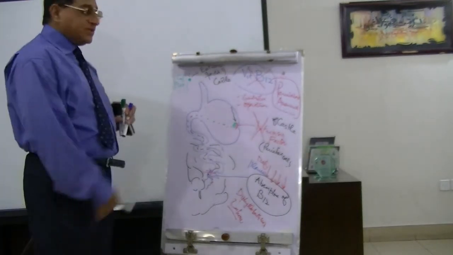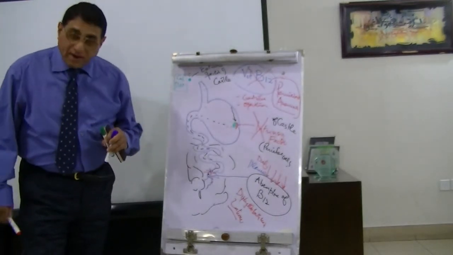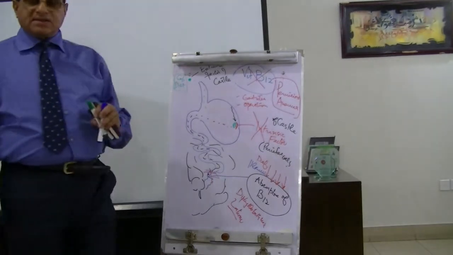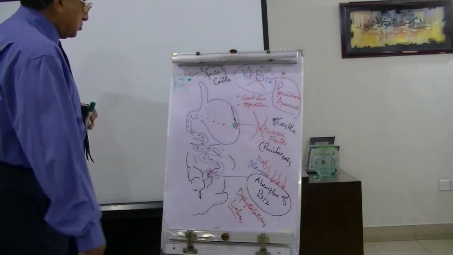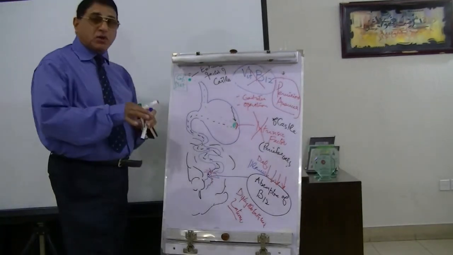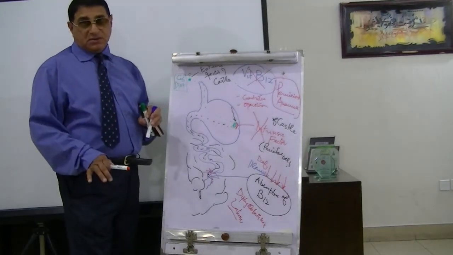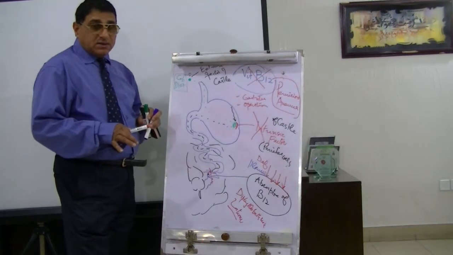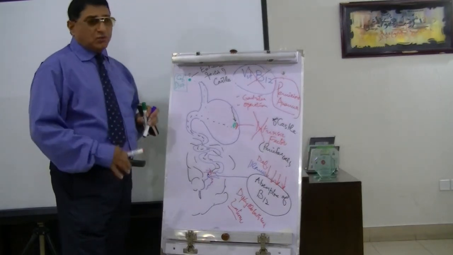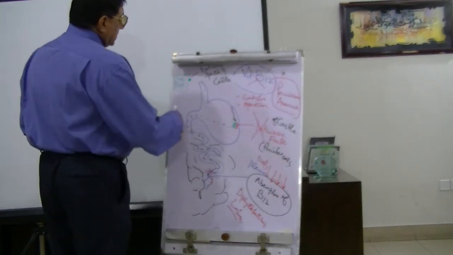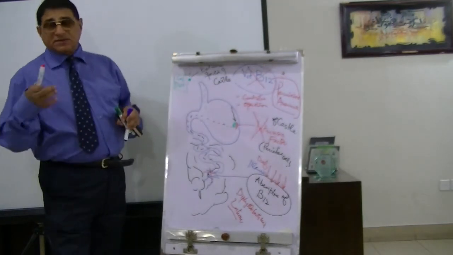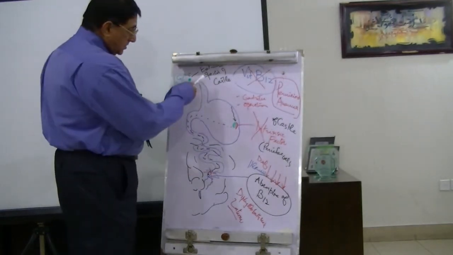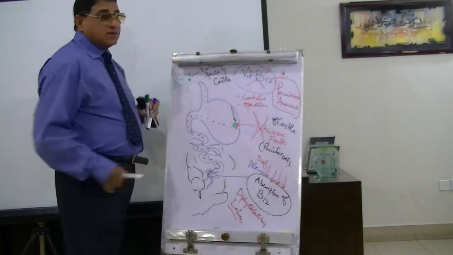Usually B12 deficiency does not occur. Why? Because the liver has abundant stores of B12 sufficient to last for 3 to 4 years. But still, to avoid any confusion, to avoid any cover-up, whenever there is megaloblastic anemia, it is wiser to give folic acid plus B12.